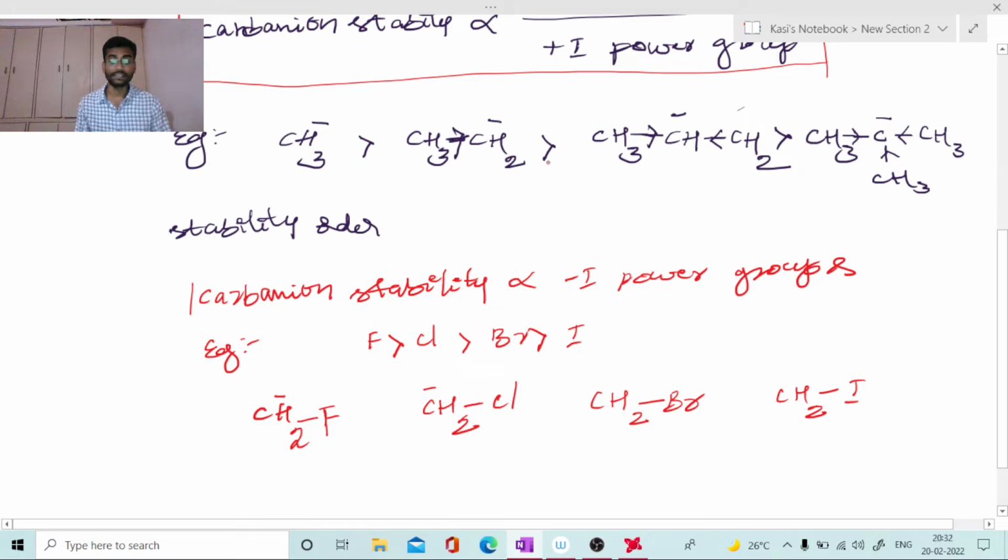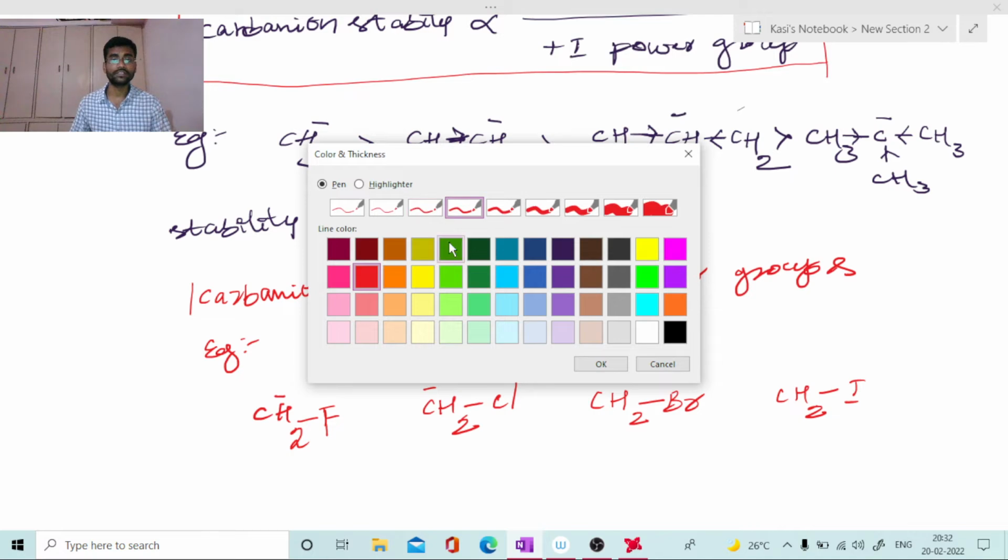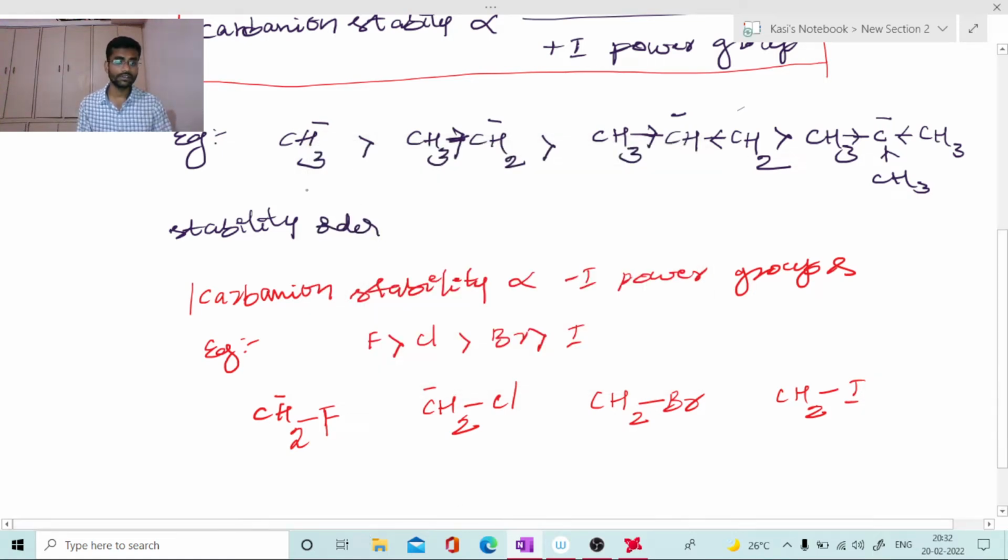The minus I power is more for the fluorine atom, so it is ready to accept the electrons from the carbon. More electrons can shift towards fluorine because fluorine is the electron withdrawing group.